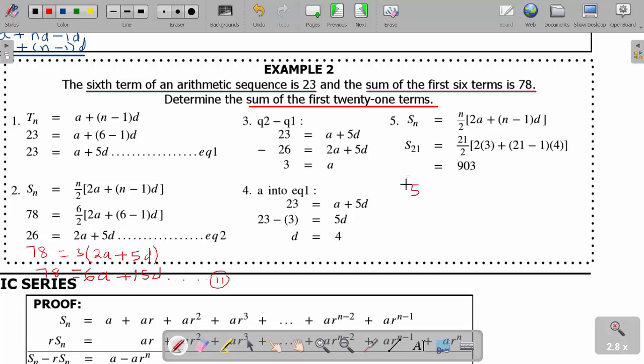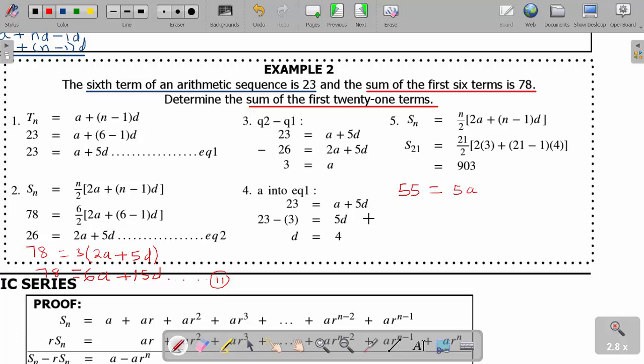Then on this side I have 6a minus a, I get 5a, and then plus 15d minus 5d. What do I get now? I get 10d.